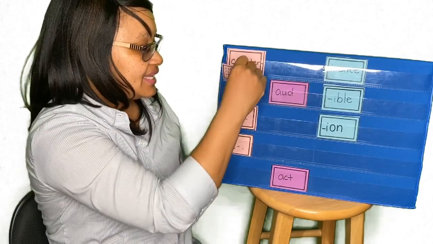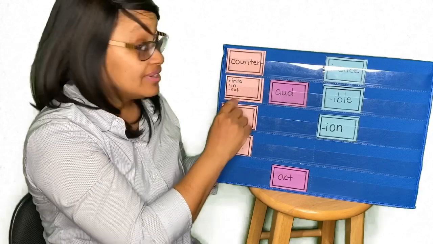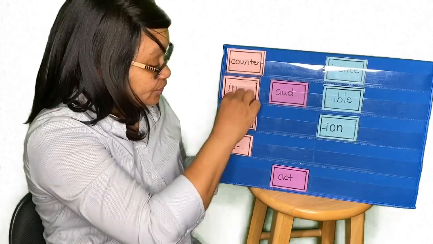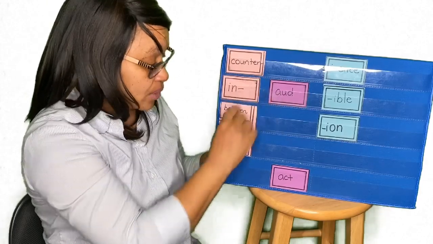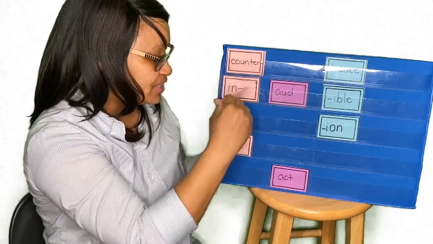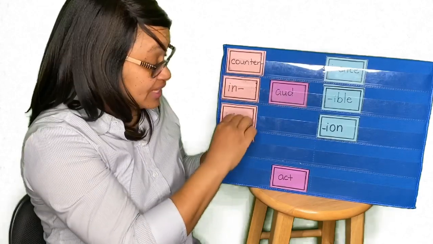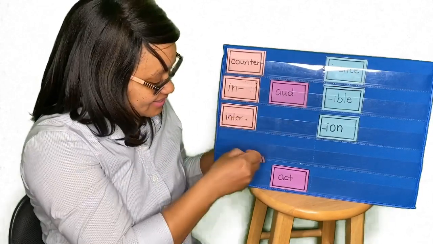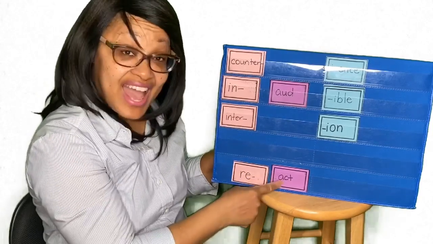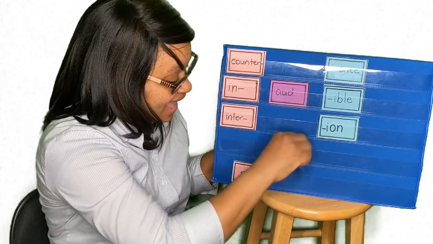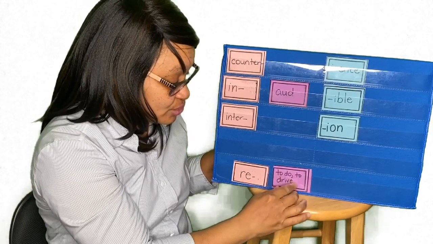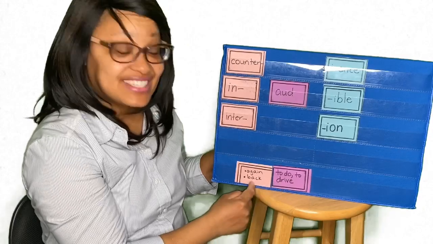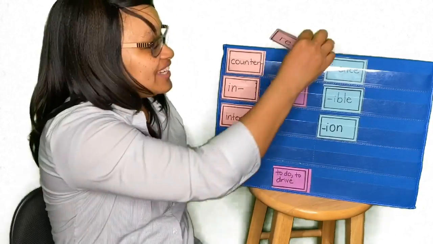In, into, in, or not. So in is not a good choice. Enter, between or among. So that wouldn't be a good choice. Re, which means again or back. So our word is react. And when you react, you do or drive back.